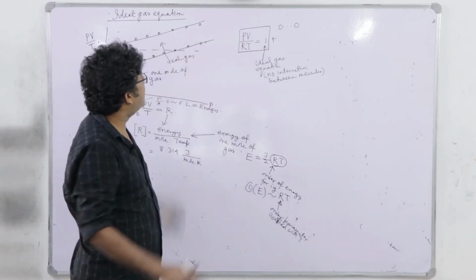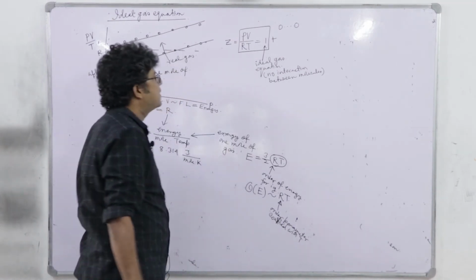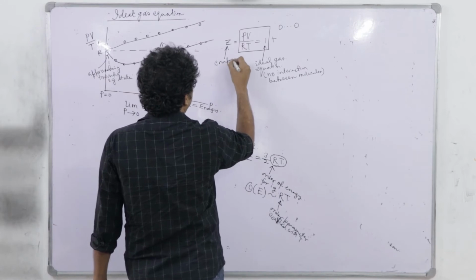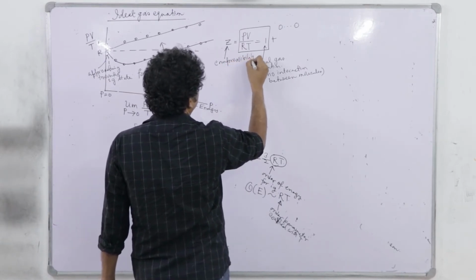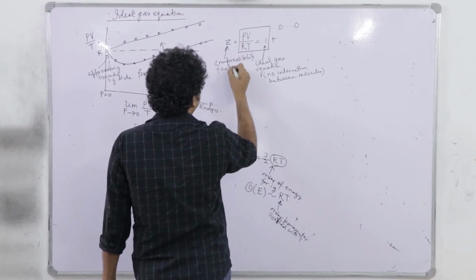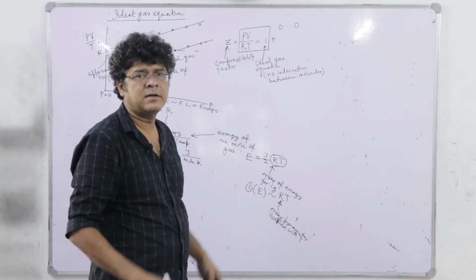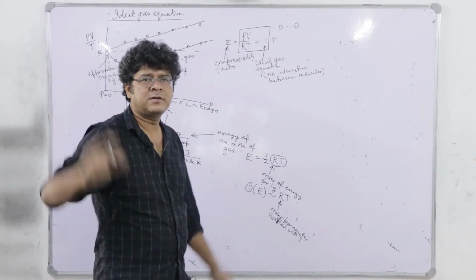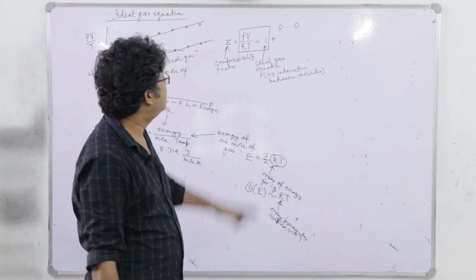So, PV by RT we call Z, and that is the compressibility factor, which is 1 for ideal gas. So, when we consider this two body interaction, we have to add on dimensionless energy terms, right. So, you should go on adding dimensionless energy terms.